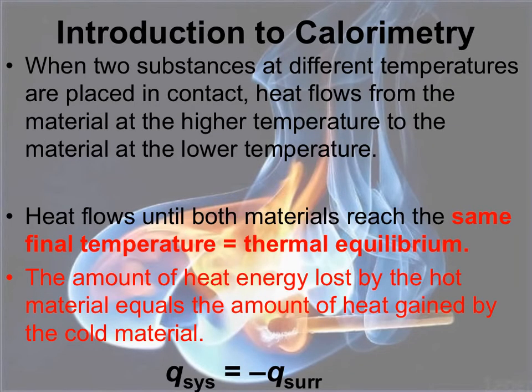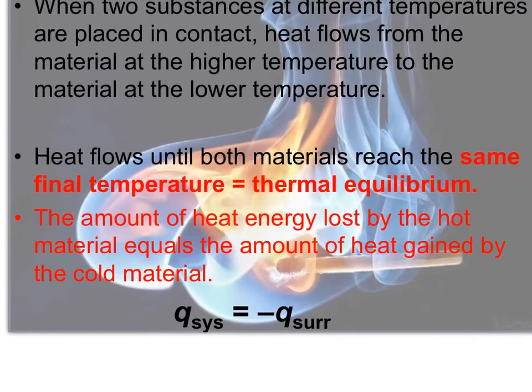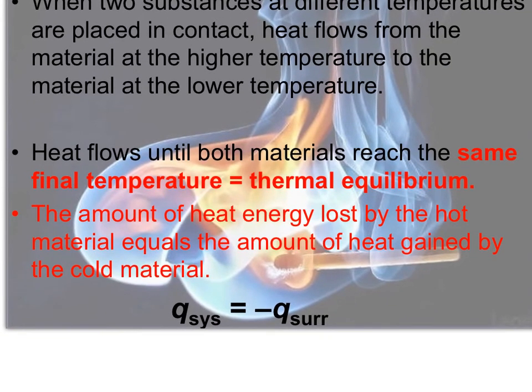One of the things that you need to keep in mind when you're doing calorimetry calculations is, as I said before, most of the time the system is put into water, and it's actually the temperature of water that is being monitored. But you need to keep in mind that water is the surroundings. It's not the system, it's the surroundings.